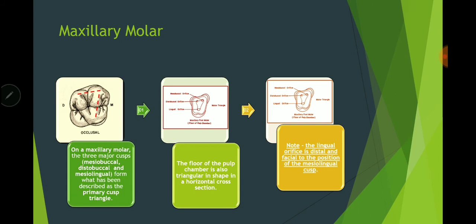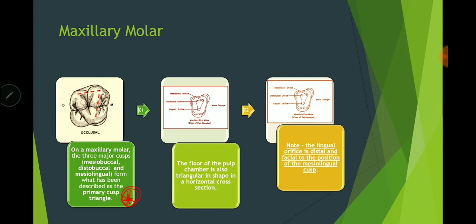So on the maxillary first molar, you have three major cusps: the mesial buccal, the distal buccal, and the mesial lingual cusp. Okay, and they form what has been described as the primary cusp triangle. This primary cusp triangle is very important to understand because it's going to help you in accessing the pulp during endodontic treatment.